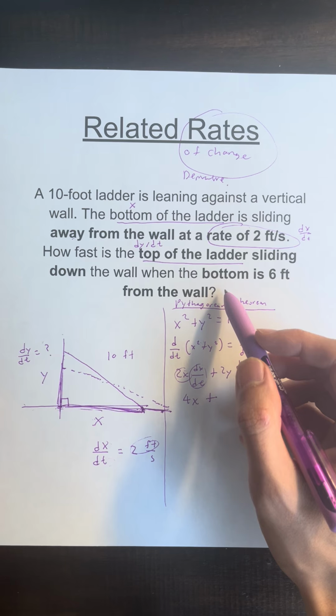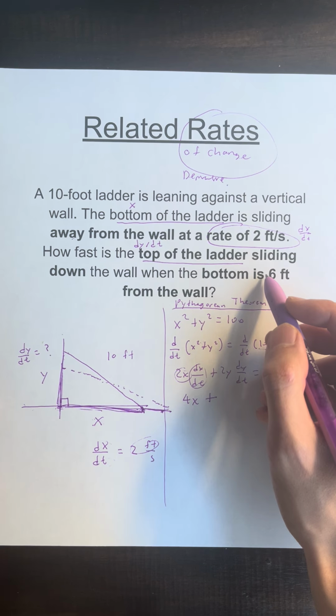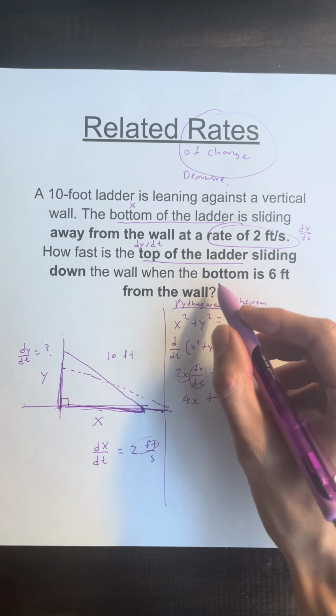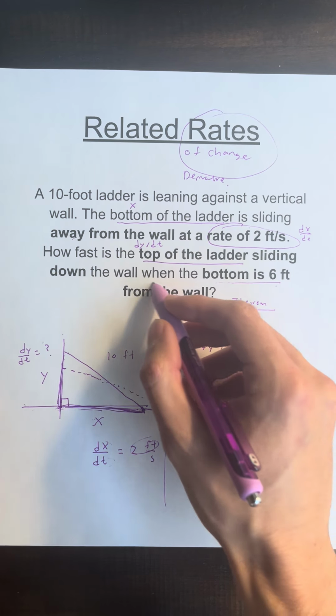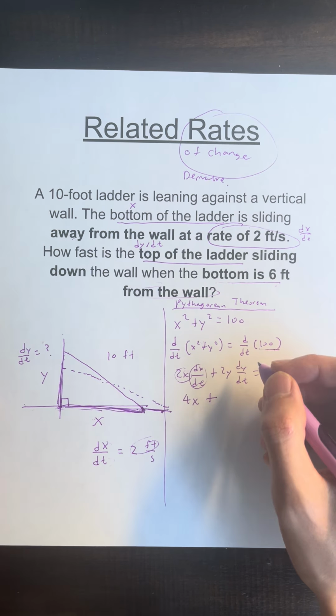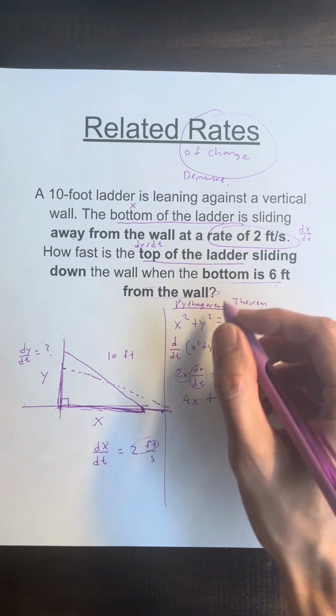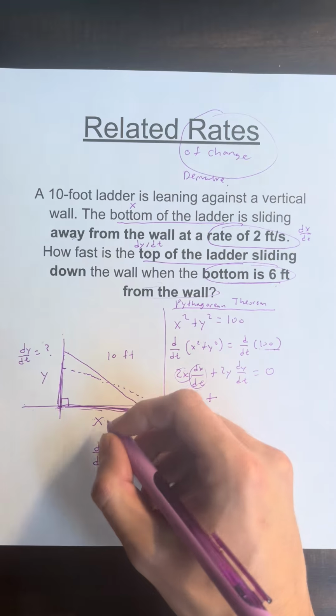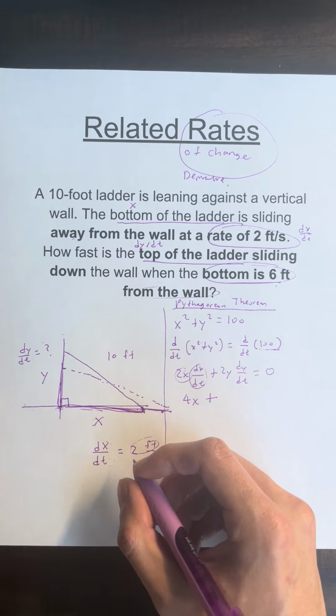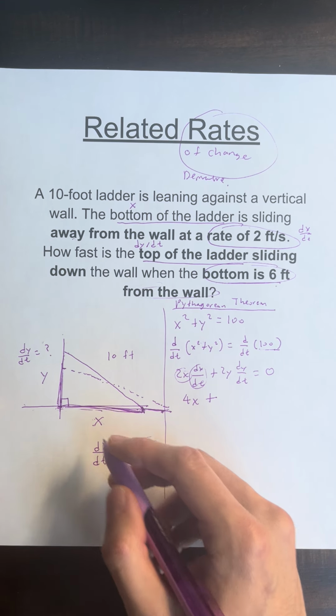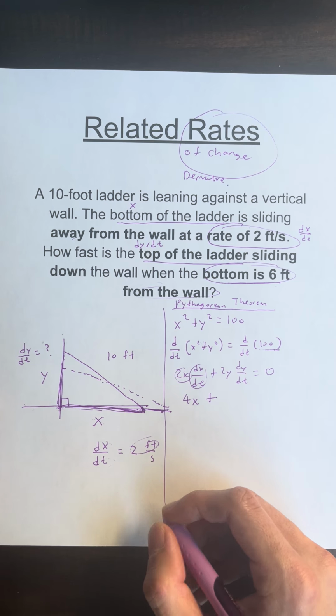And they also told us the bottom is 6 feet from the wall. So when the bottom is 6 feet from the wall, what does that tell us about x?